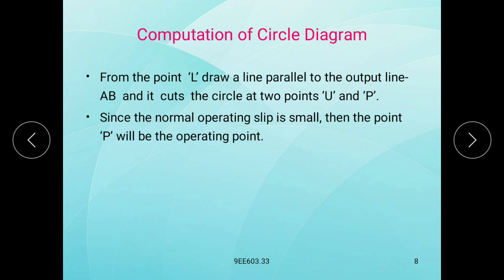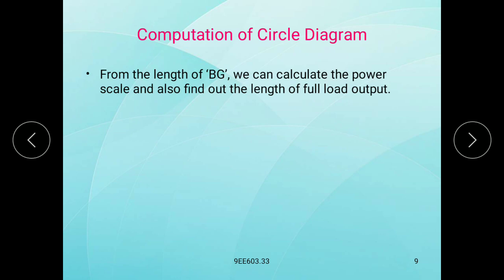Since the normal operating slip is small, the point P will be the operating point. From the length BG, we can calculate the power scale, which is WSN by BG watts per centimeter, and also find the length of the full load output.